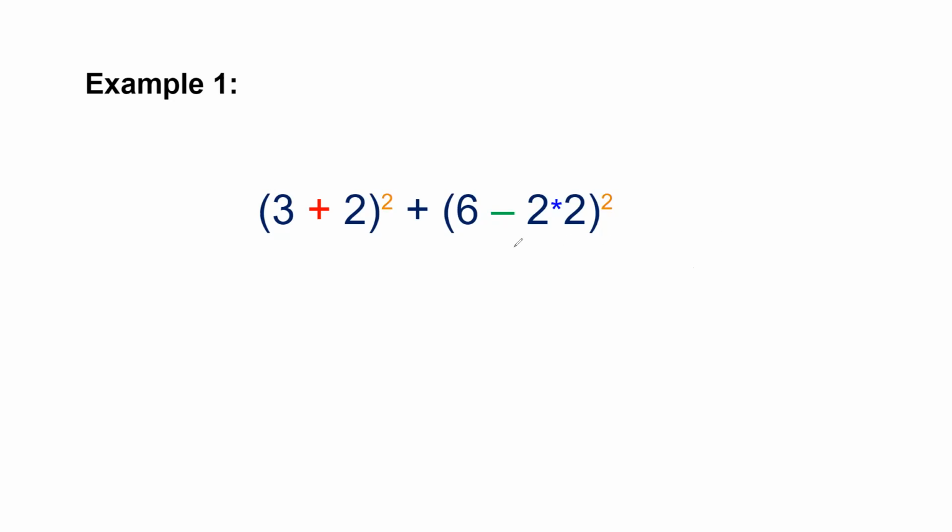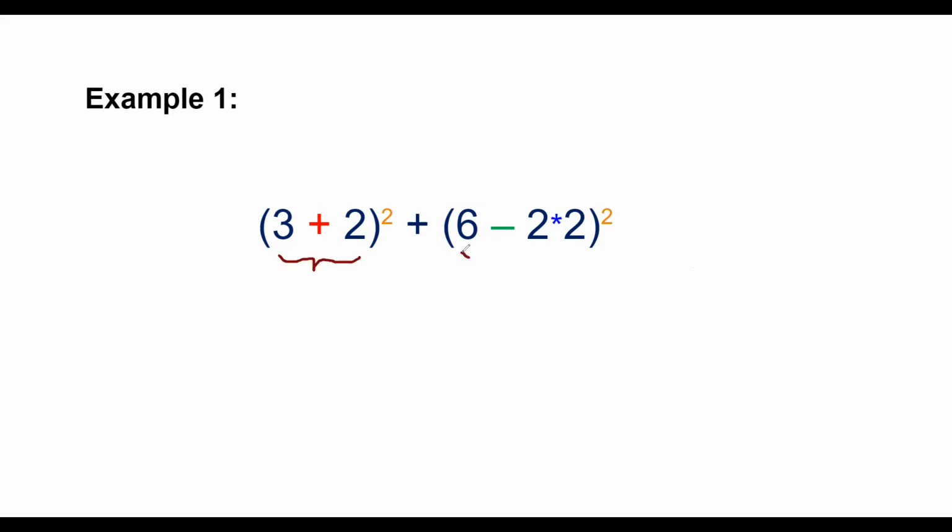So when we use that acronym PEMDAS and parentheses come first, that means we want to simplify whatever is inside of a parenthesis first. Now, you still might be forced to use the other order of operations when evaluating things inside of a parenthesis. Now, here we can see that there's only one thing inside of this parenthesis. So we'll do that first.